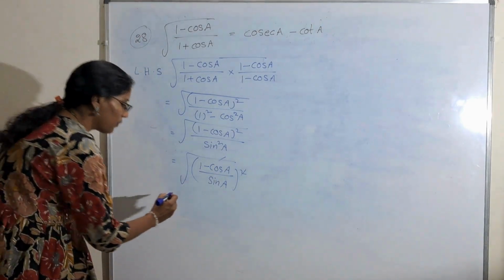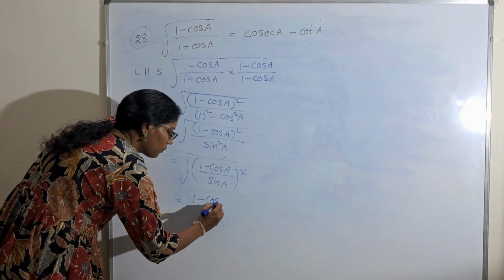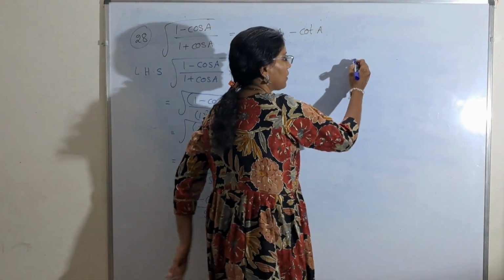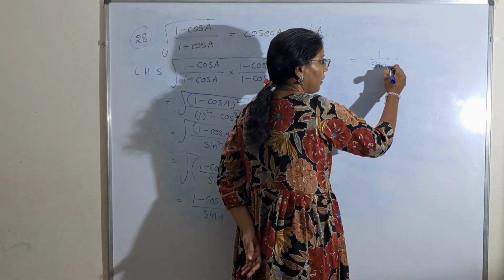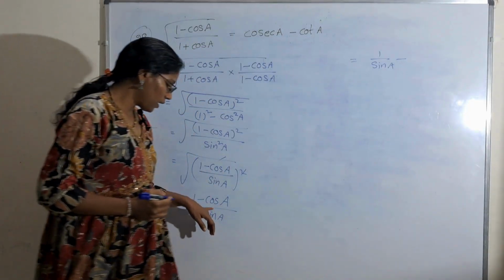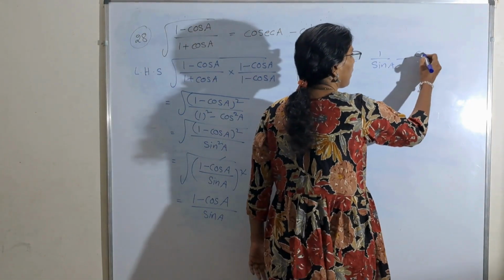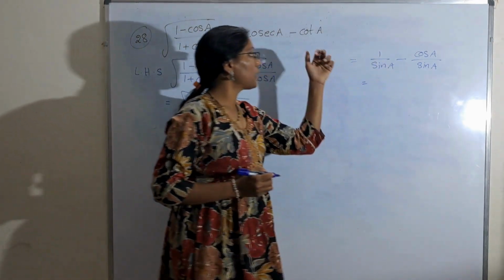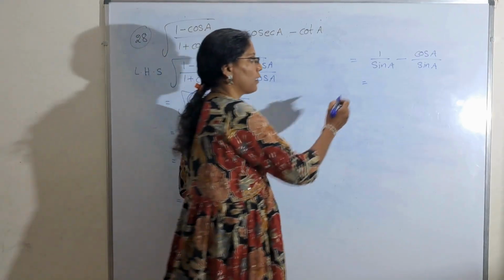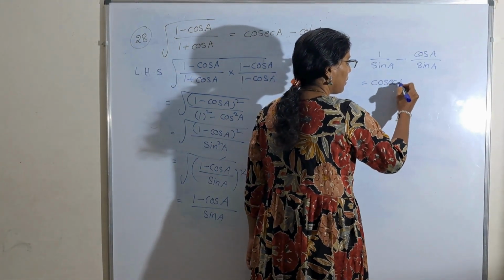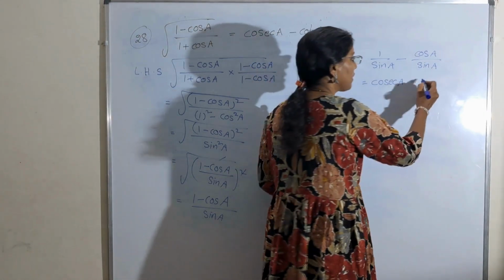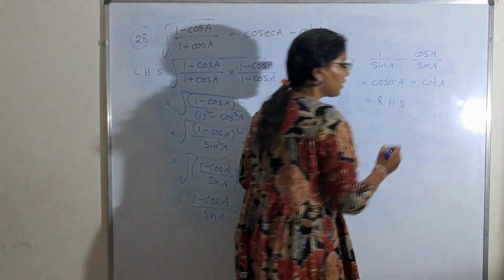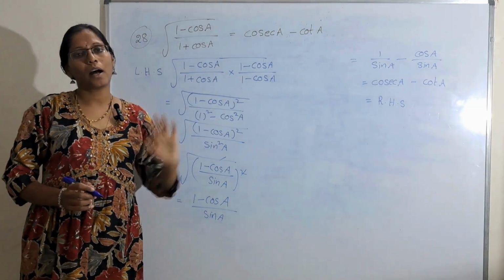The square root cancels, remaining 1 minus cos A by sin A. Here we split: 1 by sin A minus cos A by sin A. 1 by sin A we write as cosec A, minus cos A by sin A, which is cot A. This is our RHS. Therefore, LHS is equal to RHS.